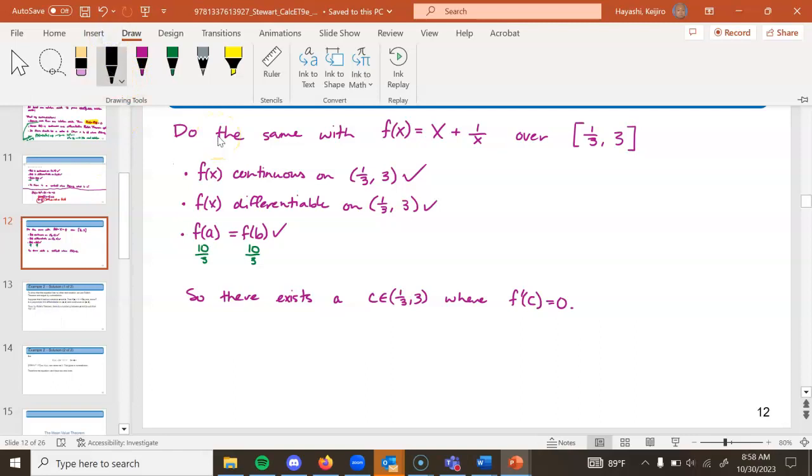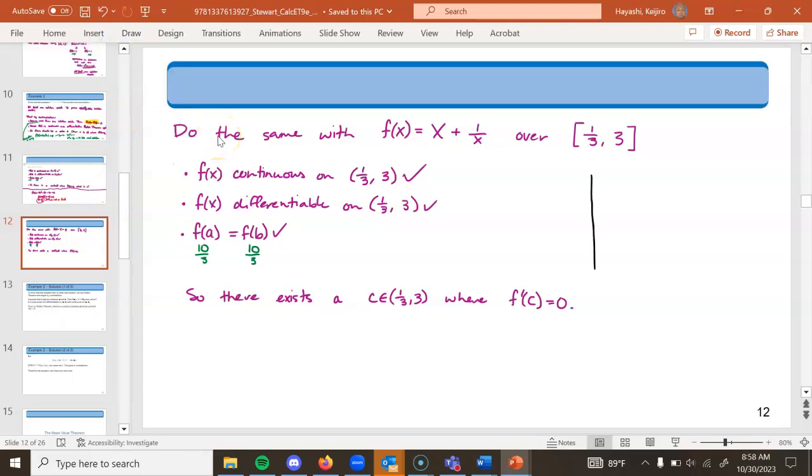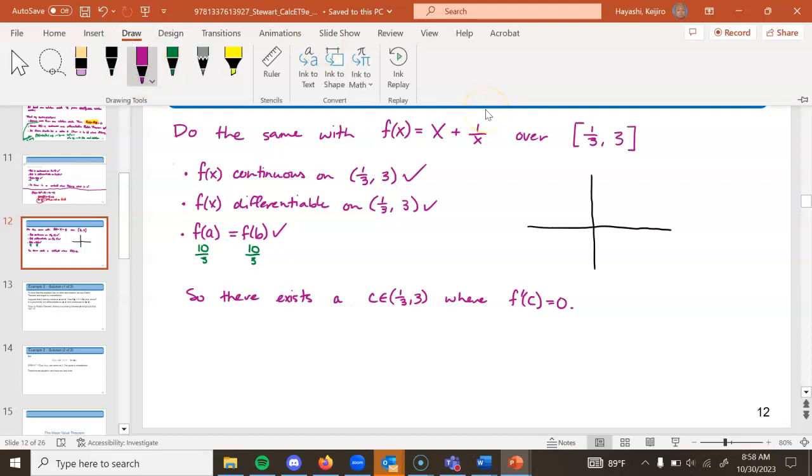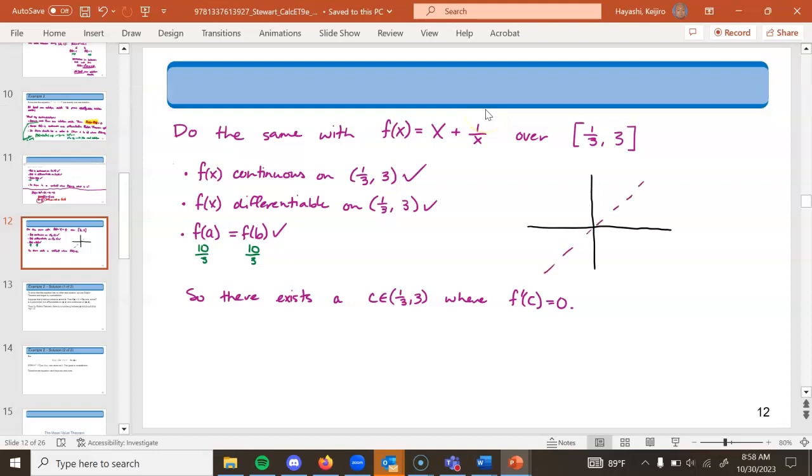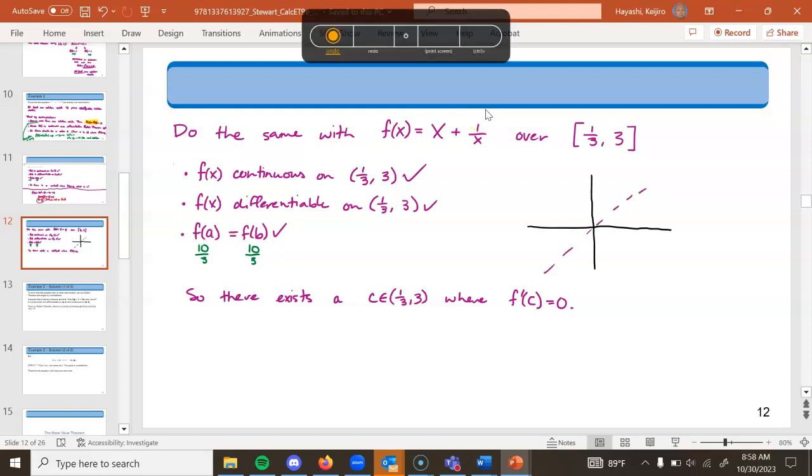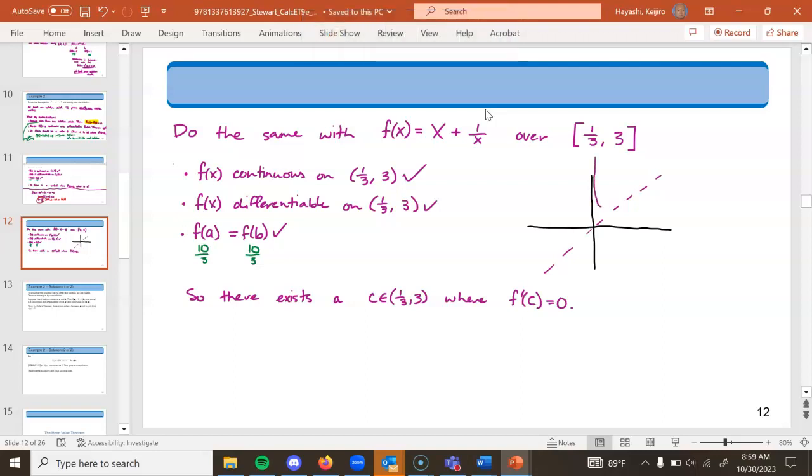Now, as for what this graph looks like, you don't need to know, but it is going to look something like this. It's going to be one of those rational looking functions, but with a slant asymptote.